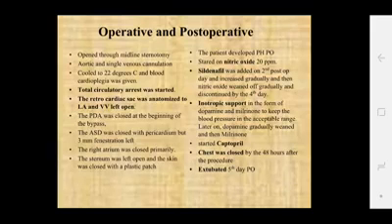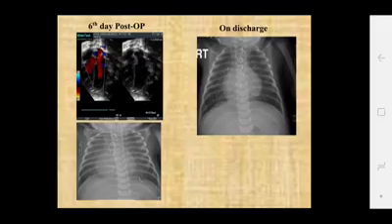The patient was stabilized for a while, and the surgeons decided to repair the patient a week after delivery. This is the X-ray on discharge. Both lung fields become much more clear, and the patient survived. The patient now is 5 years old.